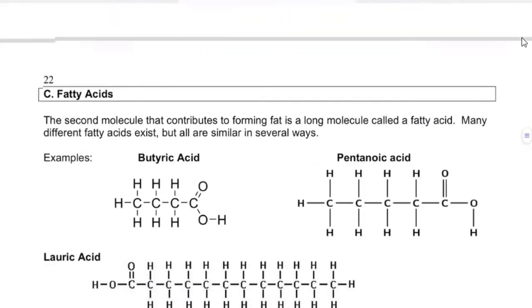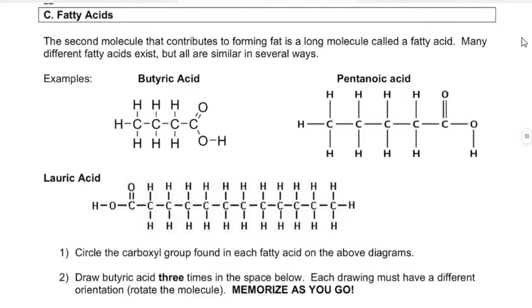So the one that I want you to memorize is this one right here. Butyric acid. So when you go to make your fat, you're going to use a glycerol, which is the same for all of them. That's the one that was above. And butyric acid. The "but" part just tells me that there's a couple of, you know how we said there was those CH2s in the middle?